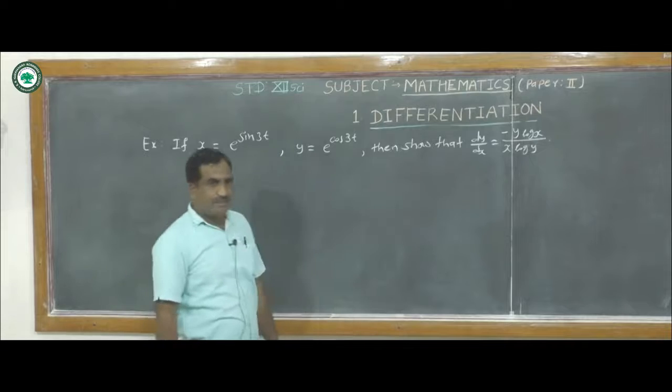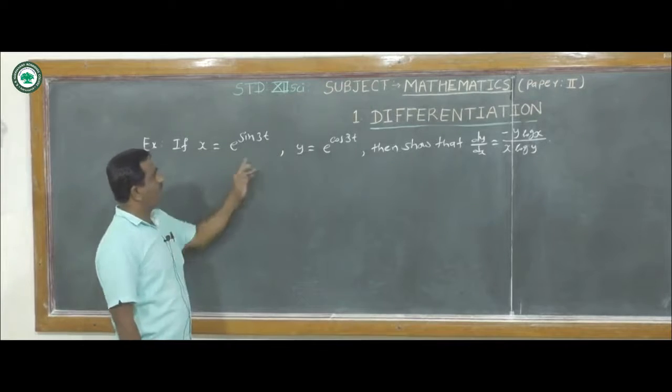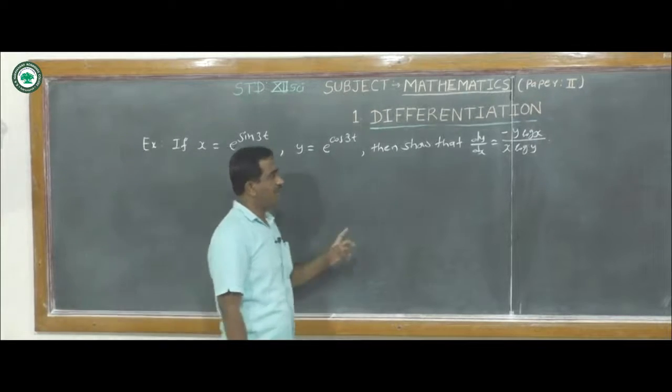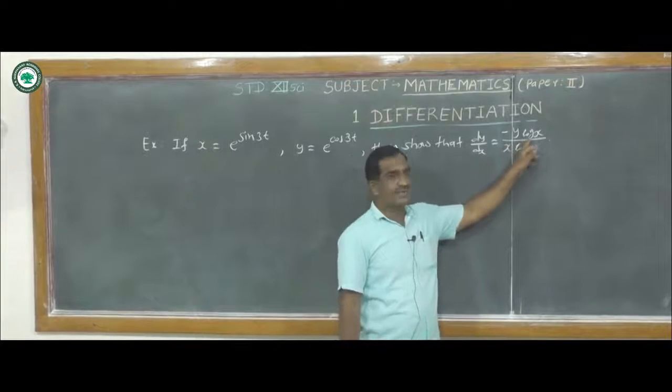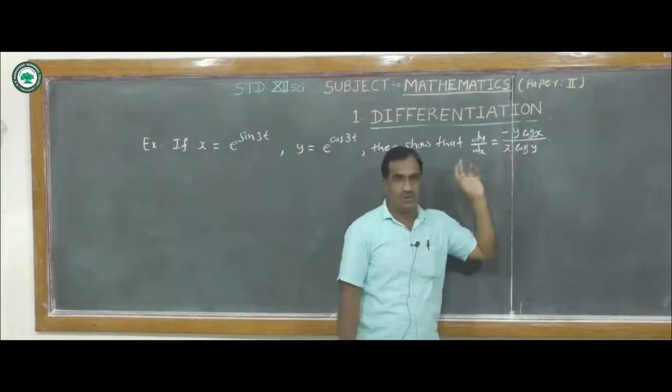That is, in this example we are given the values of x and y, and we have to show that dy by dx is equal to minus y into log x upon x into log y.